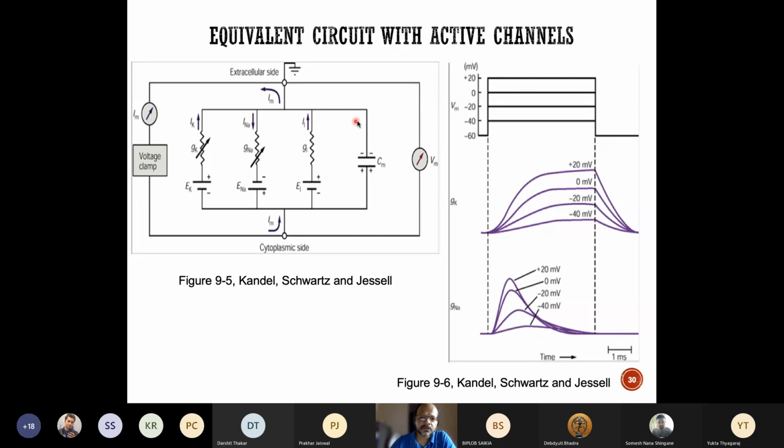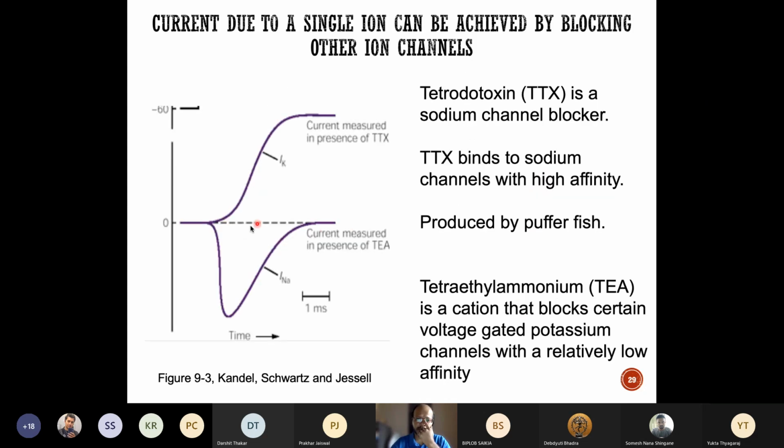So now the circuitry has changed. You have a capacitor and the leak currents as before, but now you've got voltage gated ion channels, sodium and potassium. So now there are conductors which vary. And if I do the same experiment, I get the current, and the voltage divided by this current is the resistance. So the current divided by the voltage that I'm holding, now the voltage is not changing, it's fixed, is just the conductance.